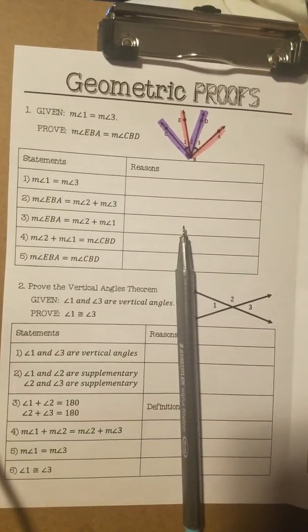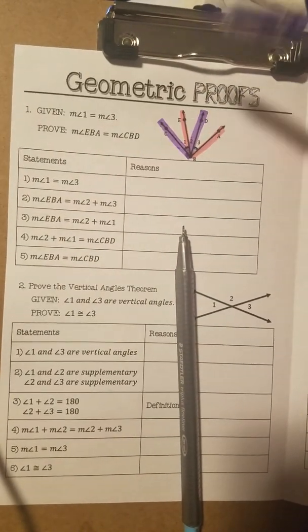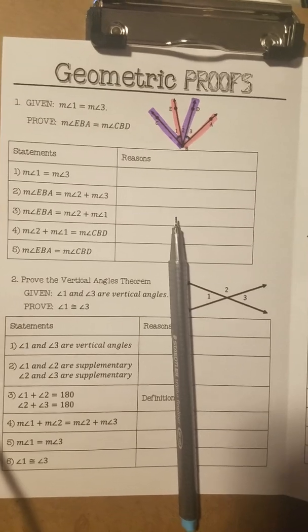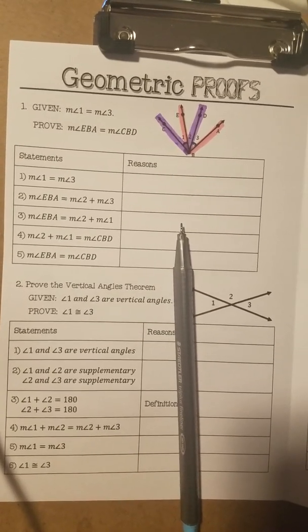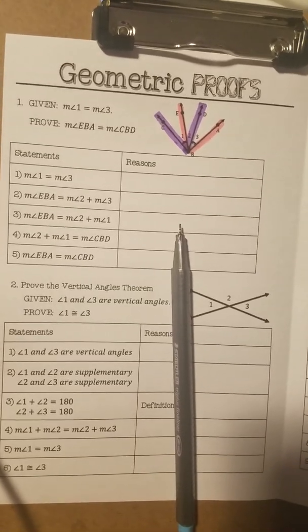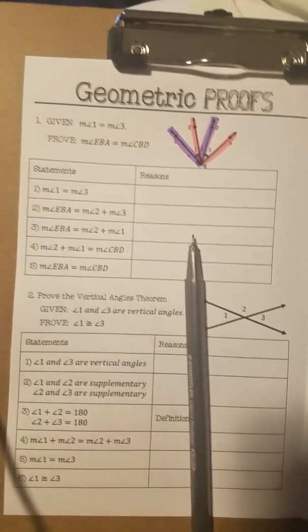Okay, so we want to prove that this pink angle and this purple angle are equal in measure. And so far, all we know is that angles 1 and 3 are equal in measure.